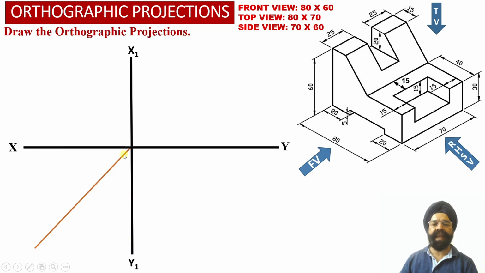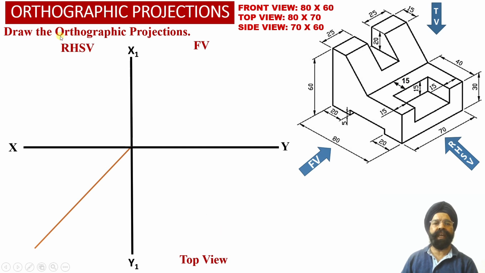This transfer line exists at an inclination of 45 degree with respect to the XY reference line, and we are going to use it to transfer the distances along the depth of the solid from the top view projections into the right hand side view projections.